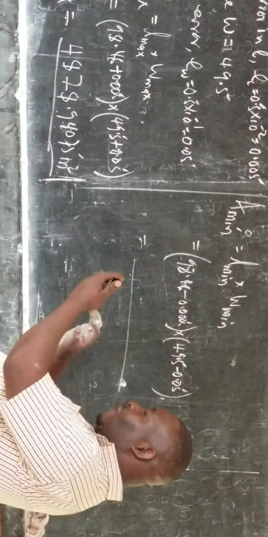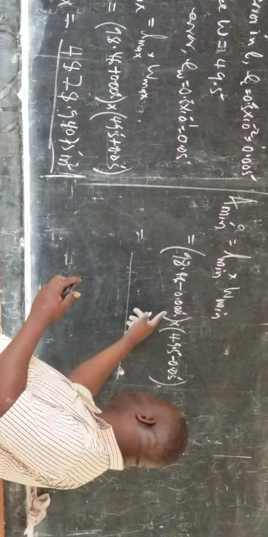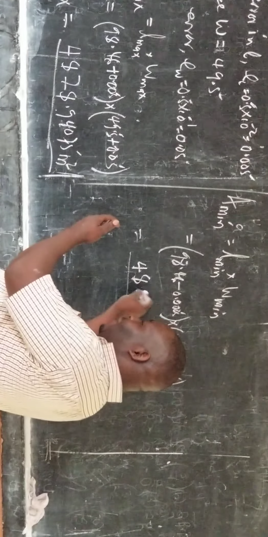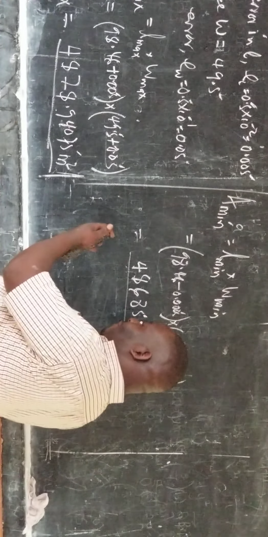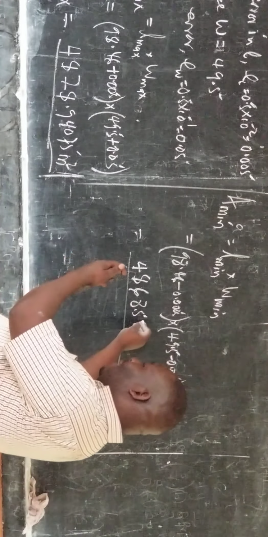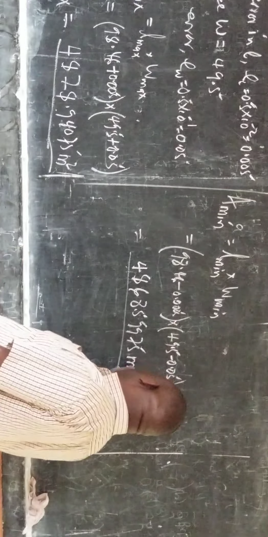So we use our calculator here to find the product of the minimum length and minimum width, which gives the minimum area of 4868.59975 meters squared.